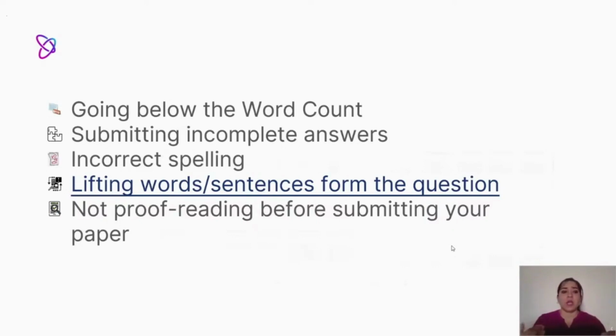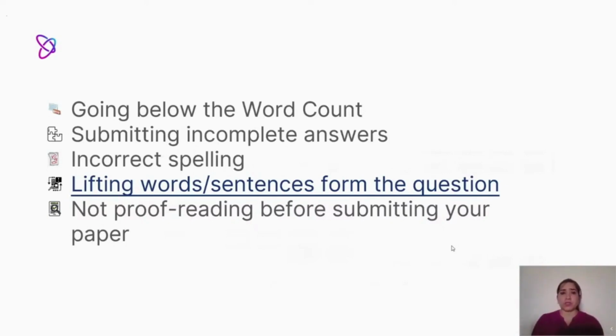And the reason why we might not be proofreading our answers before we submit it is probably because we feel like we're stressed on time. As this is a timed exam, usually we tend to spend a little bit more time on task 2, and we will spend too much time writing so much that we won't leave ourselves enough time to proofread.